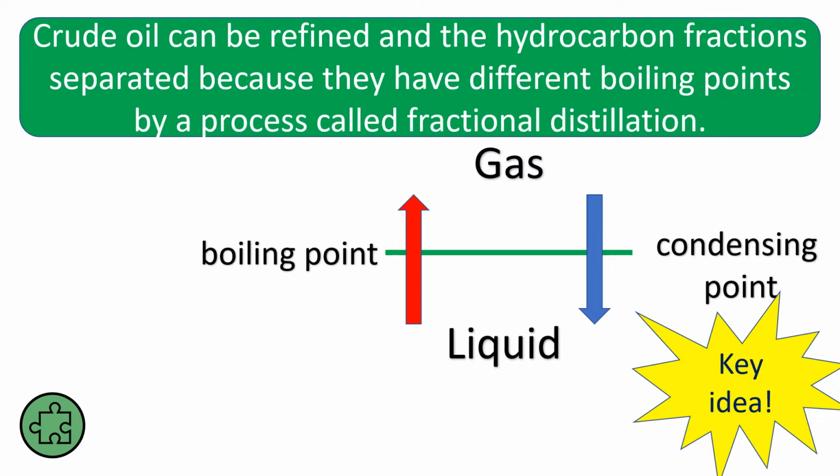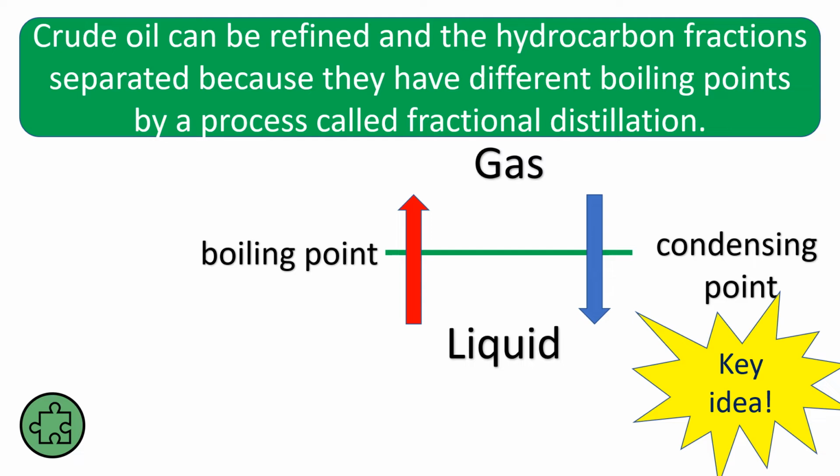Now, I just want to pause a second and remind you that the boiling point is where a liquid becomes a gas. But that temperature, whatever it is, and it's different for different materials, is also the condensing point. It's the point where a gas becomes a liquid. So if I'm heating something up, liquid to gas, you would call it boiling point.